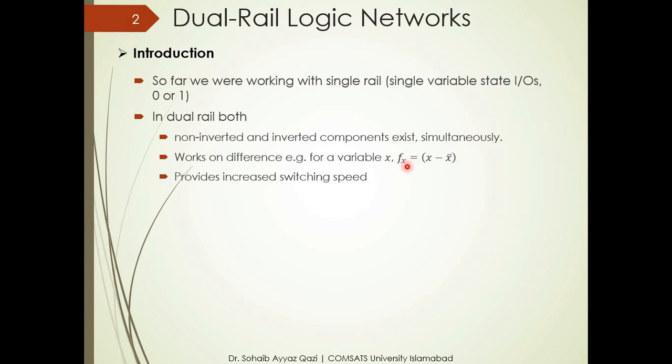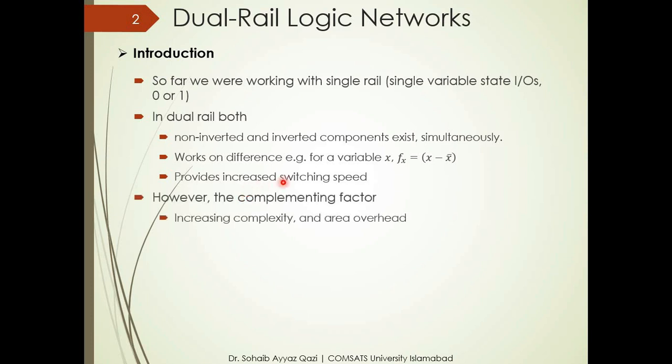So the function f of x works for both these variables. This provides an increased switching speed, and we can also achieve the complementary output as well. One drawback of this technique is increased complexity and obviously area overhead.